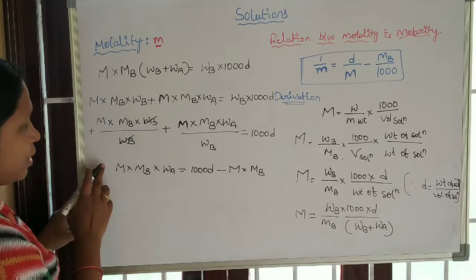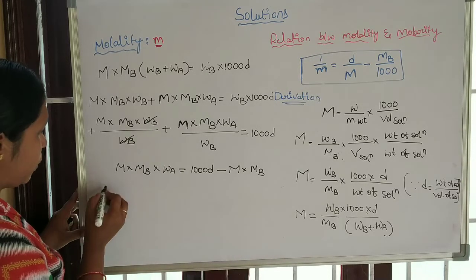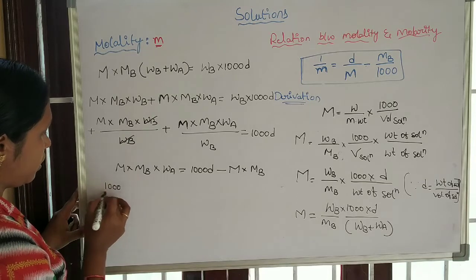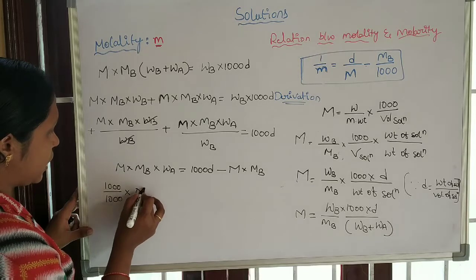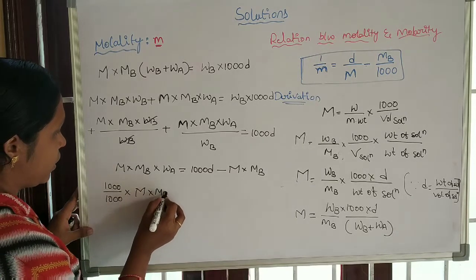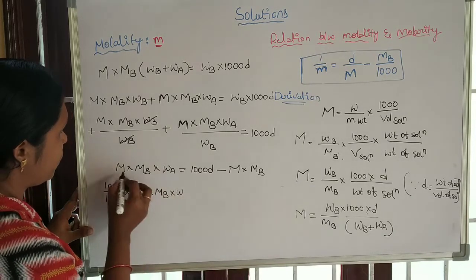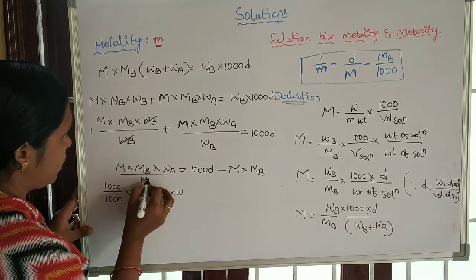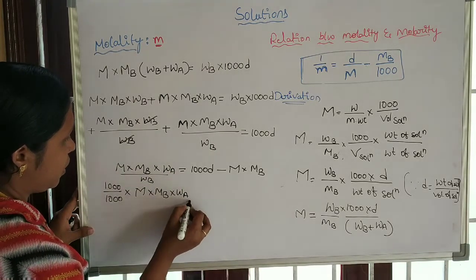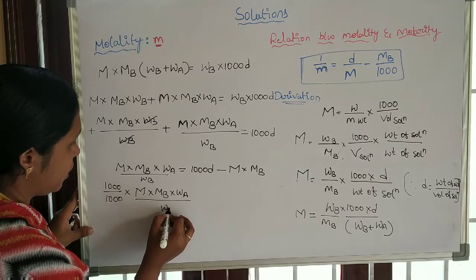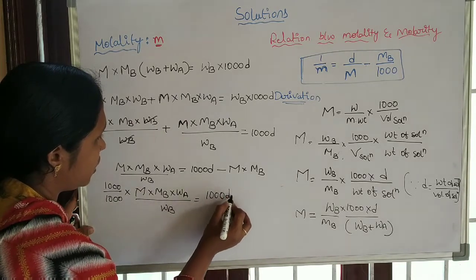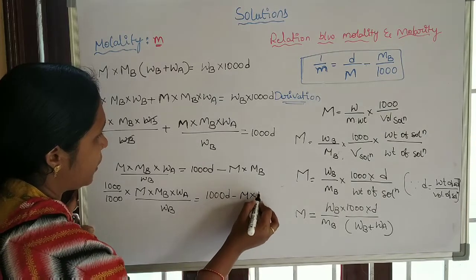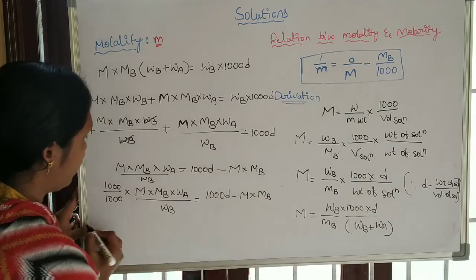Multiply and divide with 1000: 1000 by 1000 into capital M into MB into WA by WB equal to 1000 D minus capital M into MB.